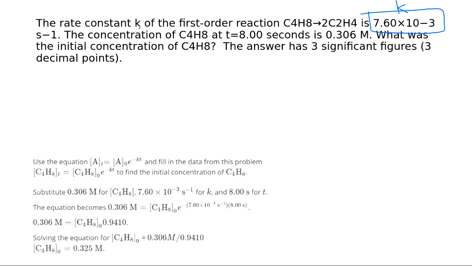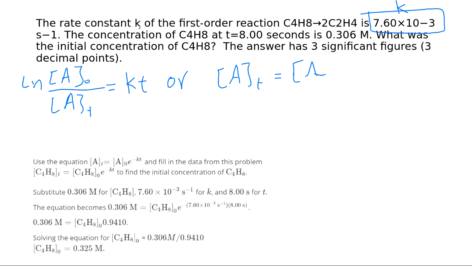So if it's a first order reaction, then we have ln A0 over At equals kt, or the concentration at At equals the concentration at time 0 times e to the power of kt. So basically you take the anti-log from both sides.